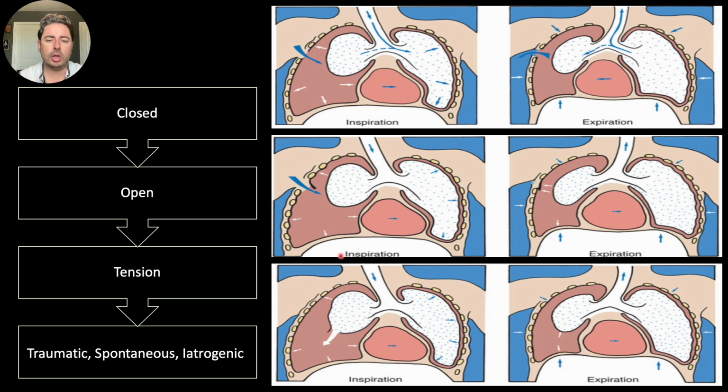Then we have what's called a tension pneumothorax, where the intrapleural pressure exceeds the intraalveolar or the atmospheric pressure. In these, we have air that's moving in, but whenever we go to breathe out, see this little flap that's right here from the trauma?